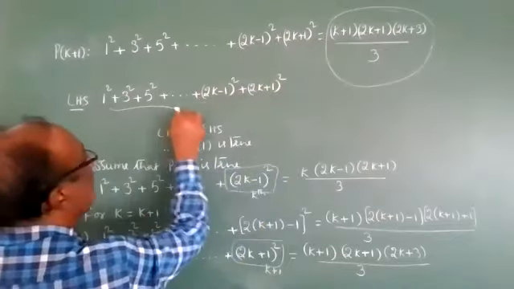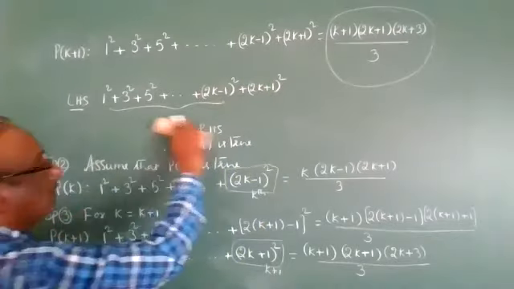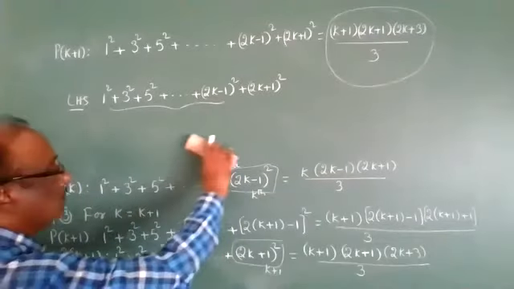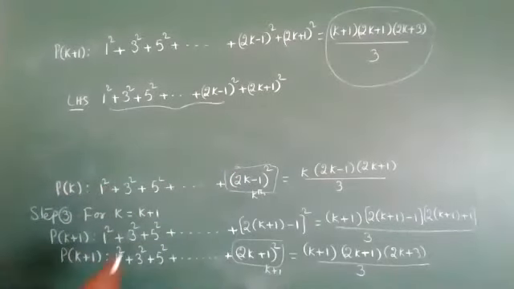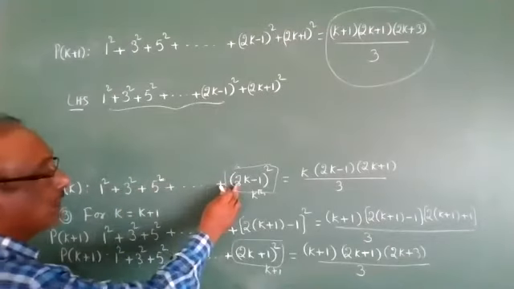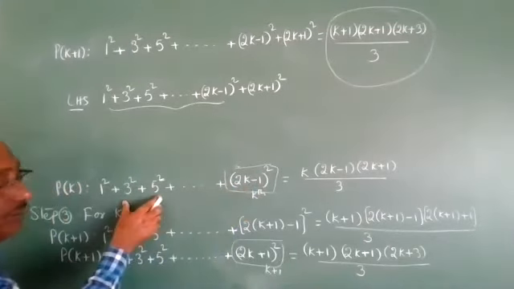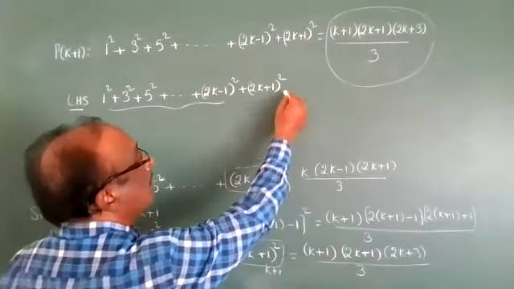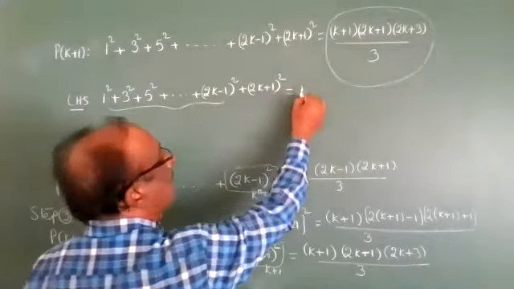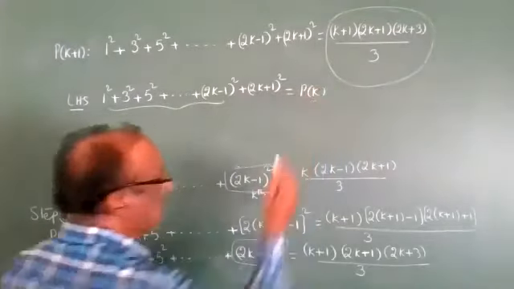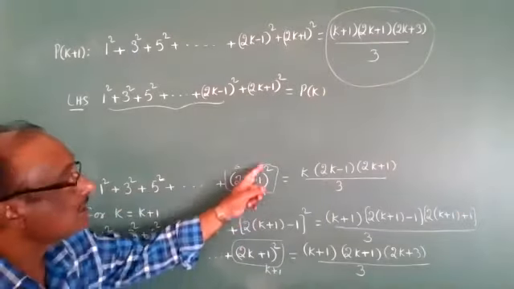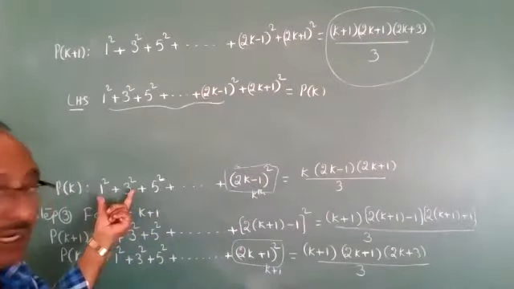Up to this part, see everyone, up to this part is P of k. Up to this part, everyone see, 1 square, 3 square and 2k minus 1 square, this is P of k. Its value is this one. You should remember this. Principle of k numbers, 1 square, 3 square, 5 square, 2k minus 1 square is the P of k statement.